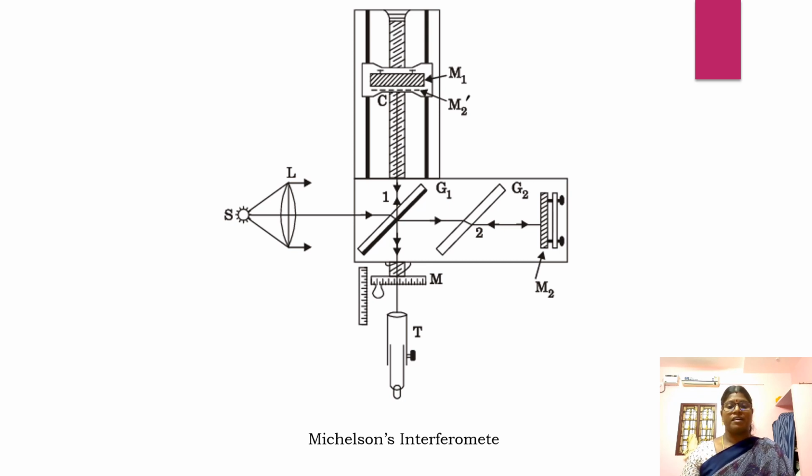phase change. Since in the G1 glass plate, the reflected light penetrates through the glass plate G1 and is reflected, it travels 2 times the distance of the G1 glass plate.